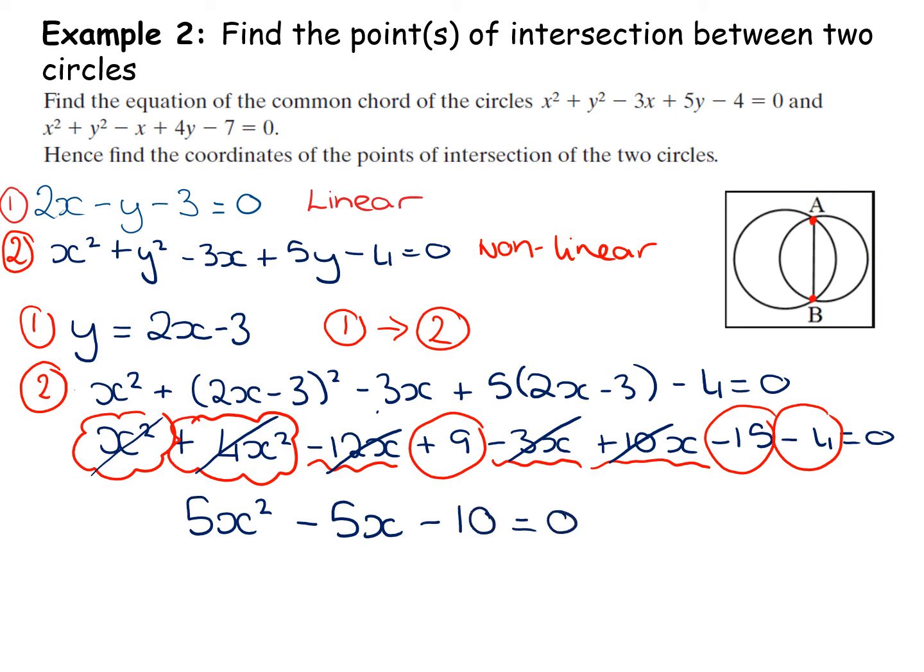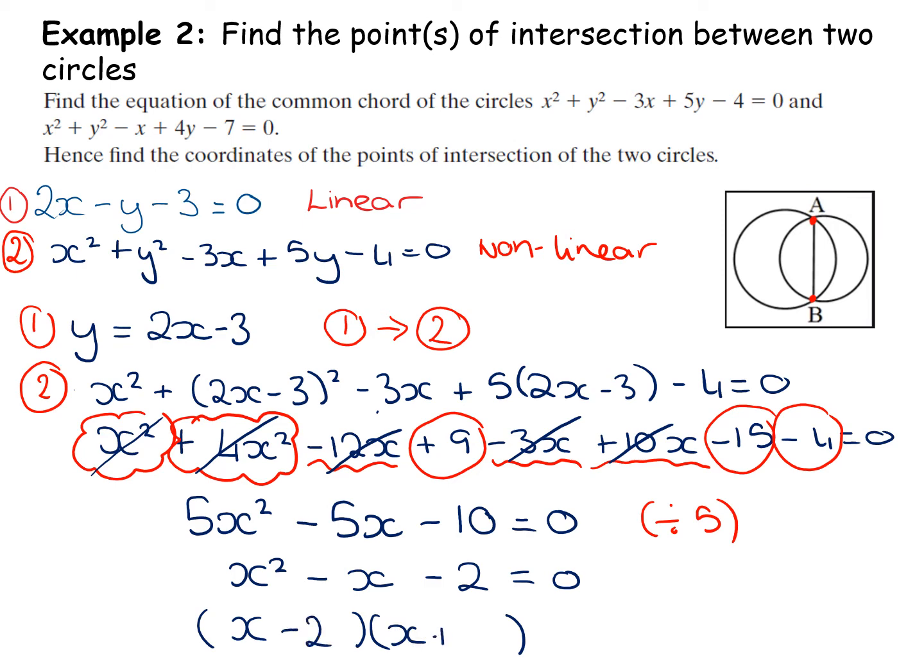The quadratic that we have here can be simplified by dividing across by 5. That will make it a little bit easier to work with. So instead we get x squared minus x minus 2 equals 0. And if we want to factorize that, we can use the shortcut for guide number or trial and error, whatever way you're working.